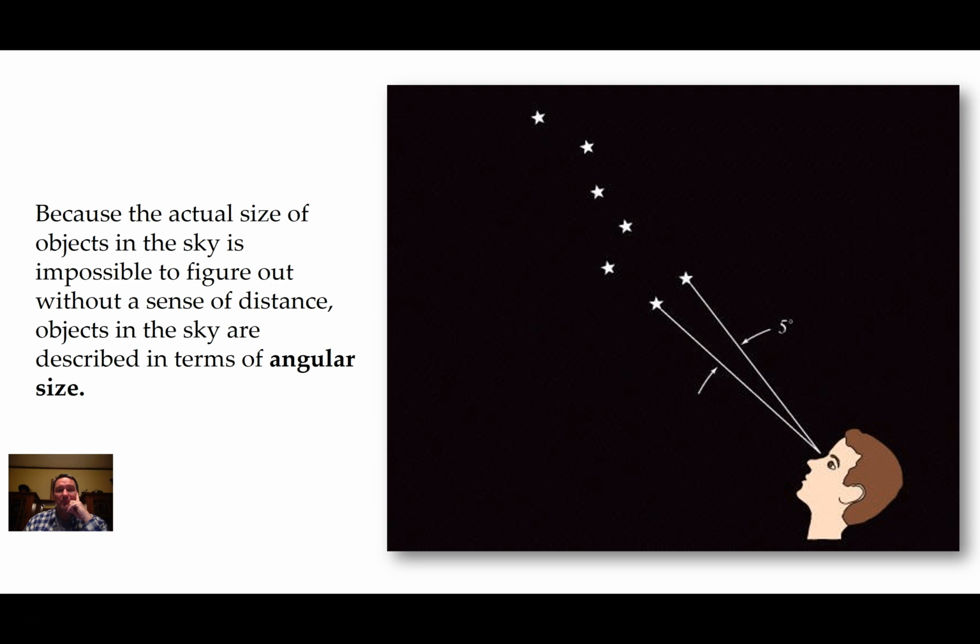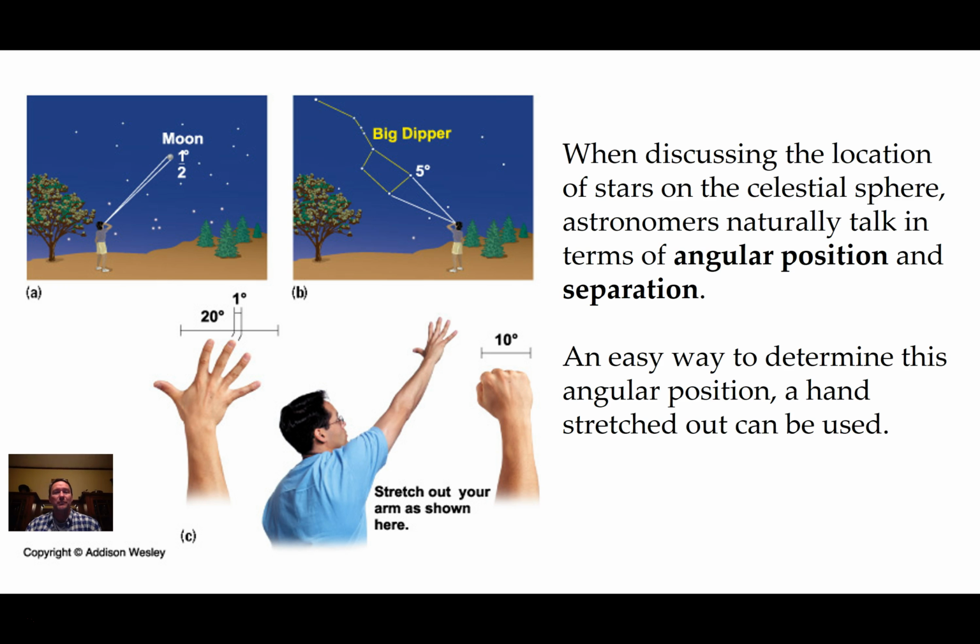Here's the other thing, actual size. You can use angular distances. These are just ways that we can navigate the night sky. You can use your hands. If you know that Saturn and Jupiter tonight are going to have 25 degrees of separation, you can hold your hand up and say, okay, there's Jupiter, I know that for sure.